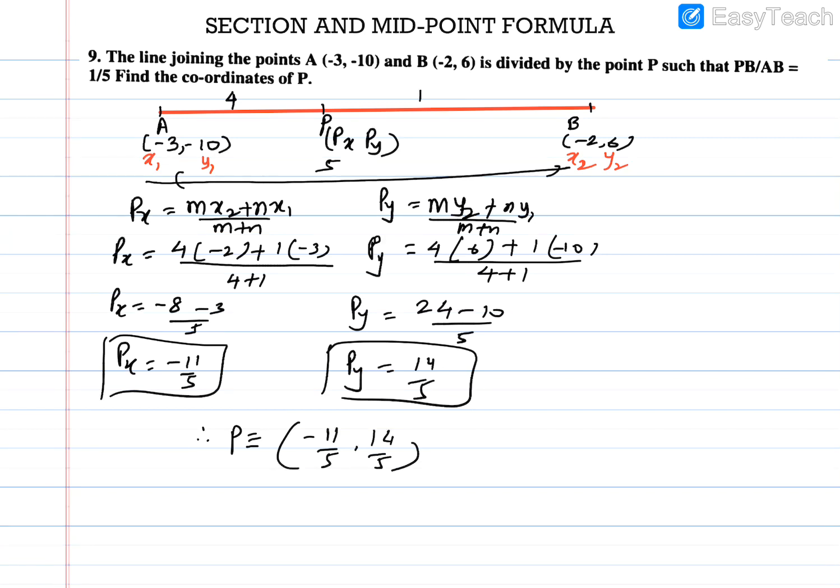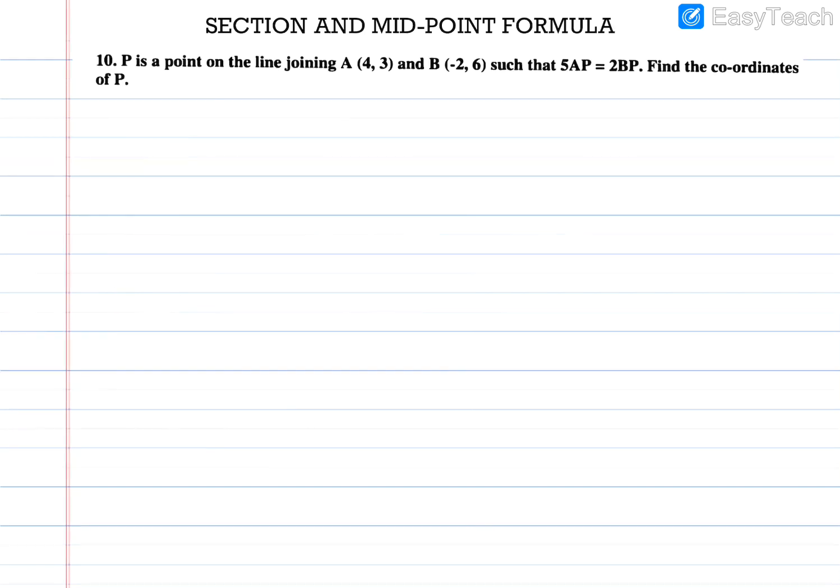So you can go through this sum and copy it in your notebook. Solve each and every step. Now we'll move to sum number 10. In this sum it is given P is a point on the line joining A 4, 3 and B minus 2, 6.